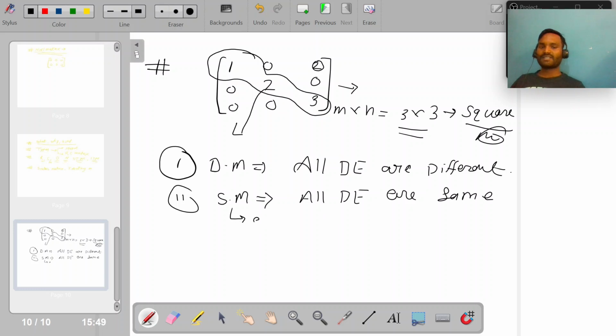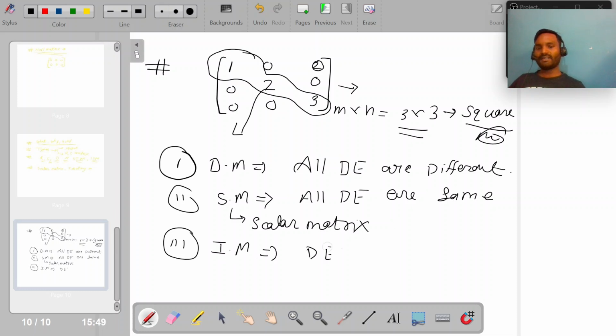Third, if all diagonal elements are equal to 1, this is known as the identity matrix. If all are the same, it is a scalar matrix. If all are different, it is a diagonal matrix.